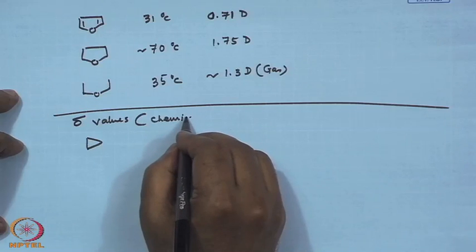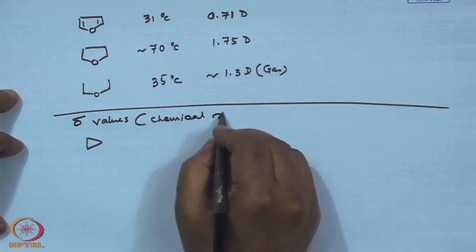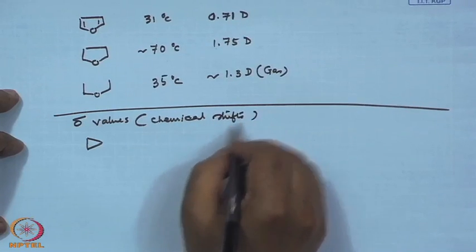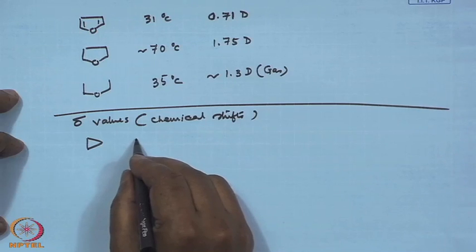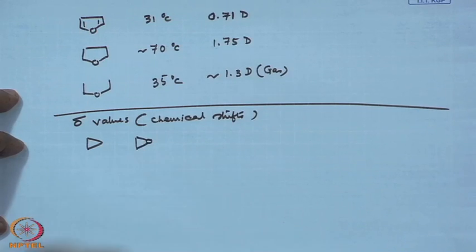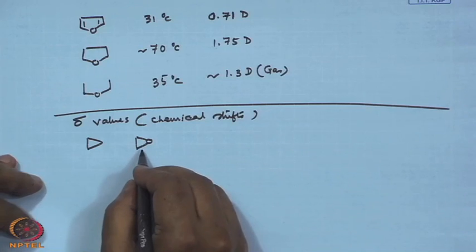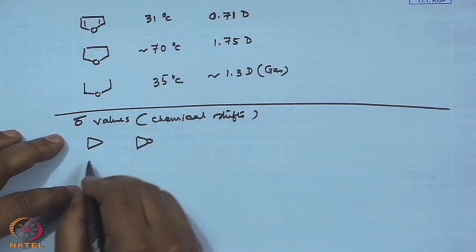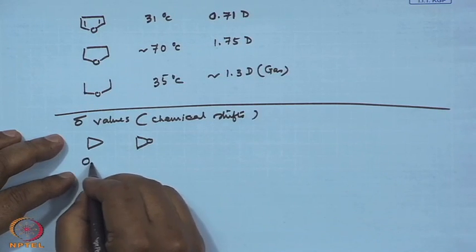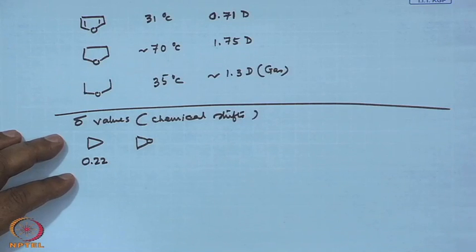We are comparing with the carbocycle compounds, and what should be the chemical shift value? Let us say, take furan for example, or oxetane, and in the case of cyclopropane the chemical shift value is 0.22, which is less than a linear aliphatic compound, because of some reason.